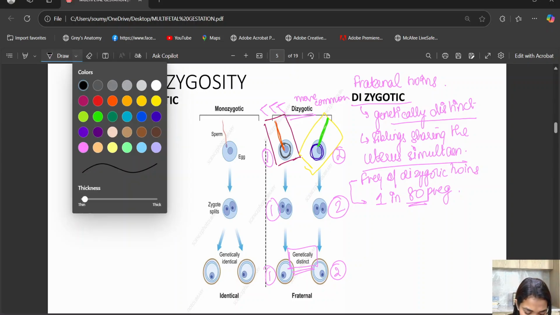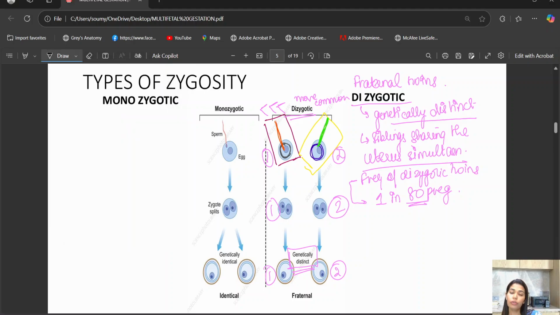Now, in which population do you think dizygotic twins are more common? Is there a subpopulation in which they will be more common? Who has a higher propensity to conceive dizygotic twins? Let's talk about that. I'm going to just erase this to make some space.